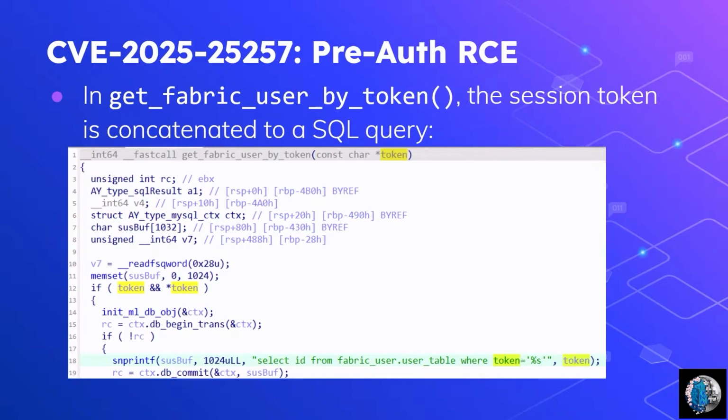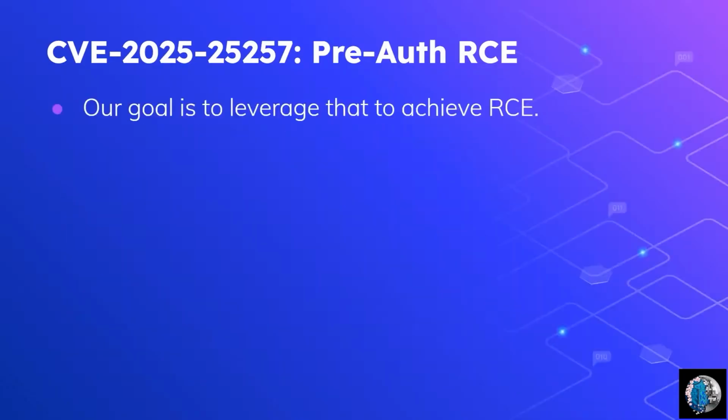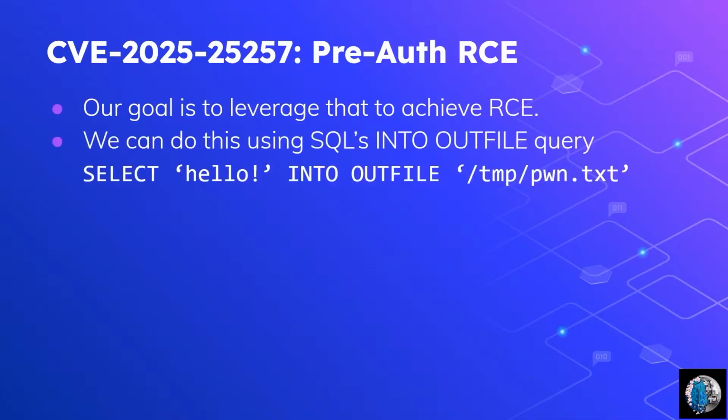No, we can continue. Okay. So we have an SQL injection, as simple as it looks, right? Our goal is to leverage that to achieve RCE. And we can do this using SQL's INTO OUTFILE query.